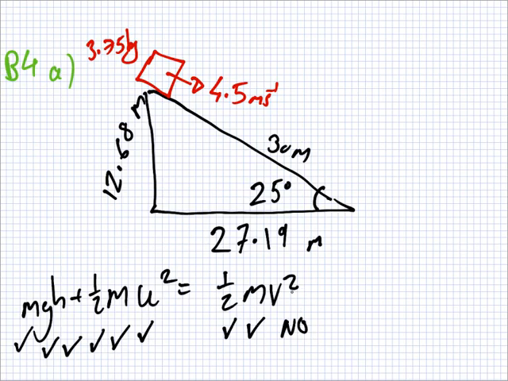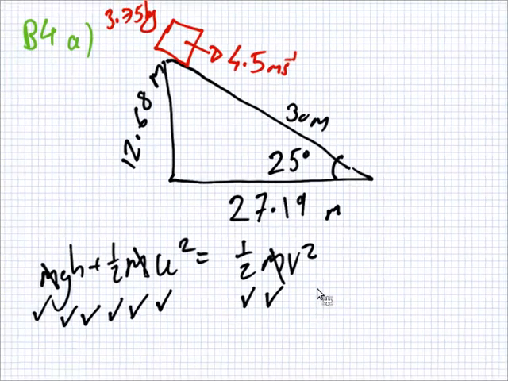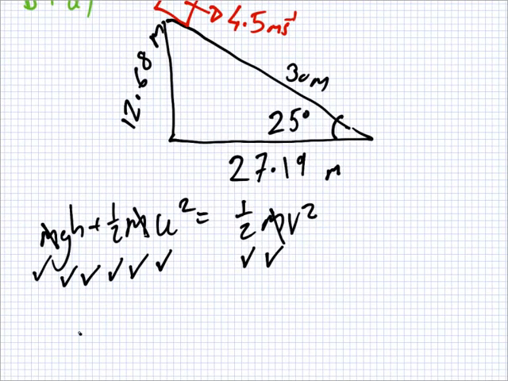Can we easily solve this? In fact, I can cancel all the m's. So I didn't even need to know the m, and I could also multiply by 2. So I'd have 2gh plus u squared equals v squared. So if I get the v squared, what do I do?